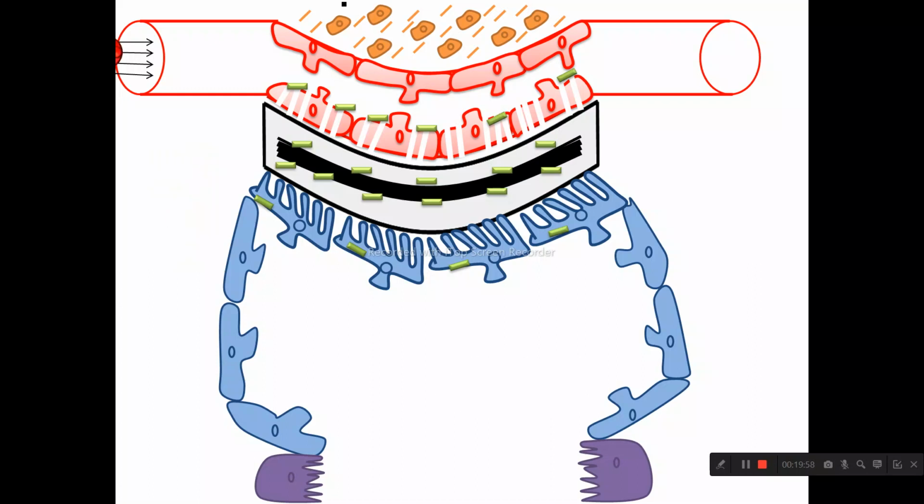In the blood we have RBCs, WBCs and platelets. RBCs are very large, around 7 to 8 micron. WBCs are around 12 to 14 micron, and platelets are around 1 to 2 micron. All these are so large that in a healthy glomerular capillary system, none of them can filter.